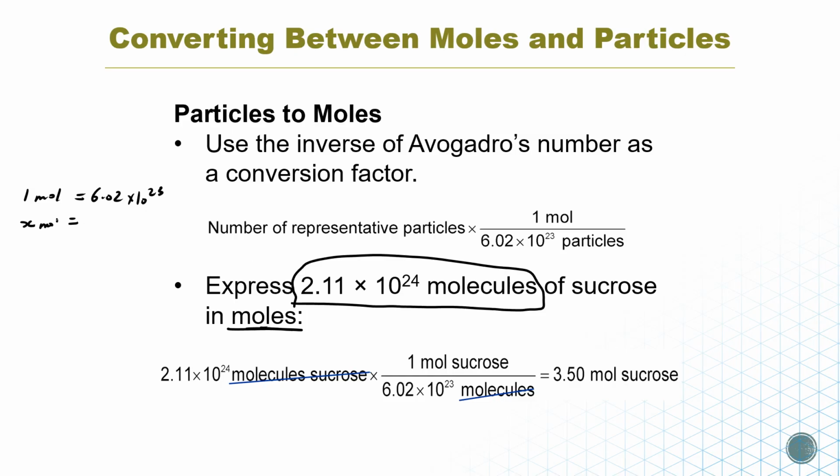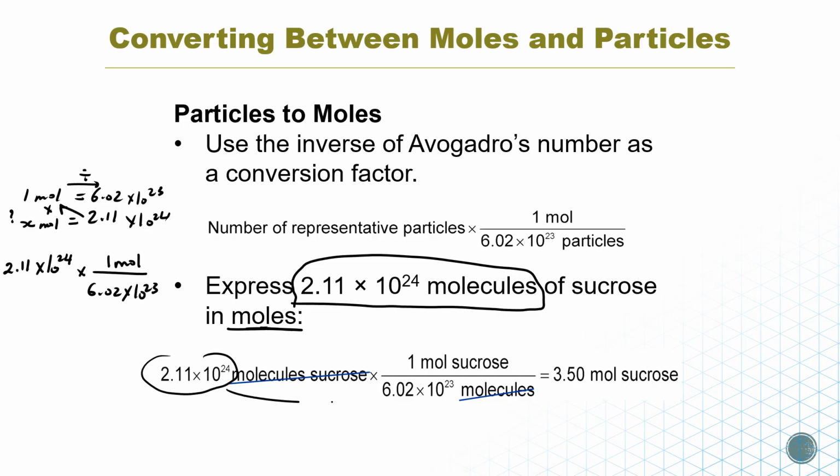We don't know the moles, right? And what did they give me? 2.11 times 10 to the power 24 molecules. So I multiply this and then divide here. So it will be 2.11 times 10 to the power 24 times 1 mole over 6.02 times 10 to the power 23, which is the same as here. You see? They divided this by this, multiplied by one.